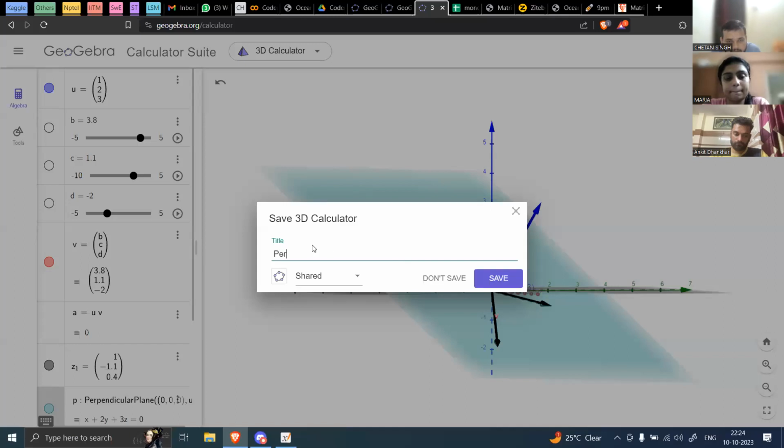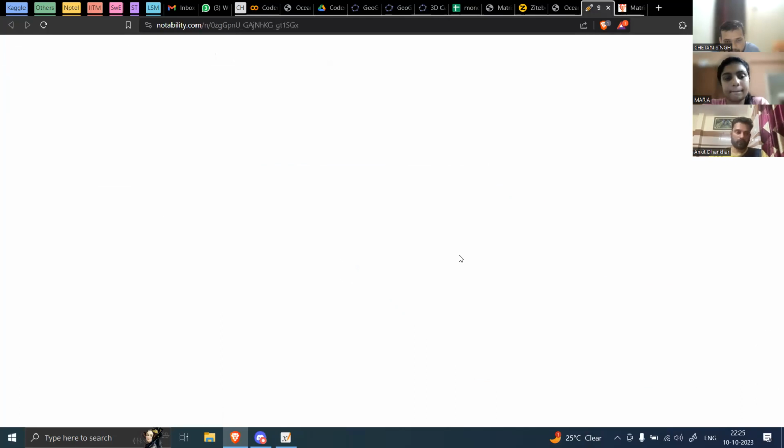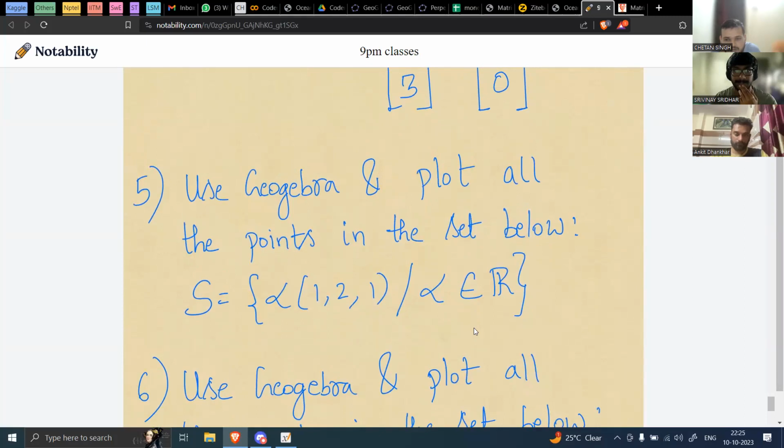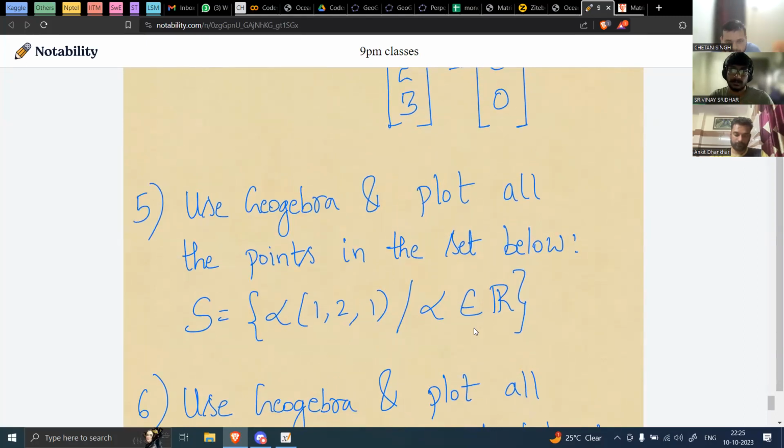It says to use GeoGebra and plot all the points in the set S equals alpha of 1, 2, 1, where alpha belongs to the reals. We have to find all possible scalar multiples of the vector 1, 2, 1.